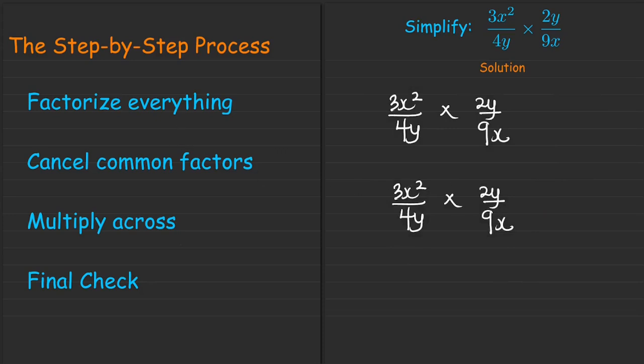Since we are simplifying before multiplication, the first thing you do is factorize everything. With this, there's nothing to factorize, so we cancel out the common factors. When it comes to canceling, you can do it vertically or diagonally, just like with normal fractions.